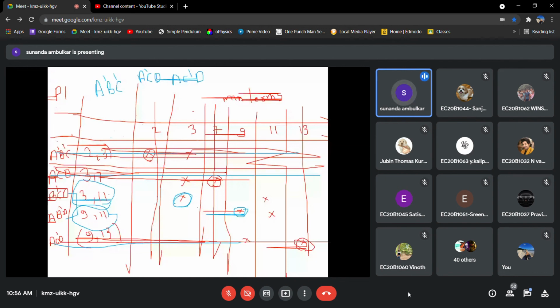Okay, so we have to take any of the terms to make the essential prime implicant, because we have to check all the min terms.